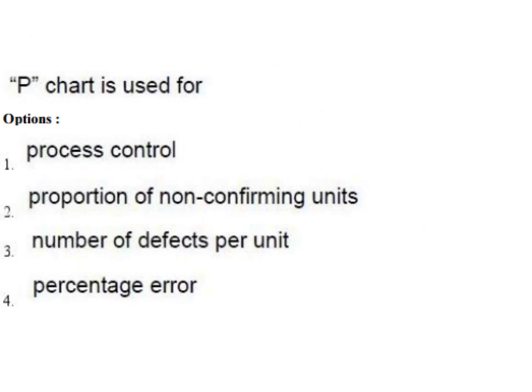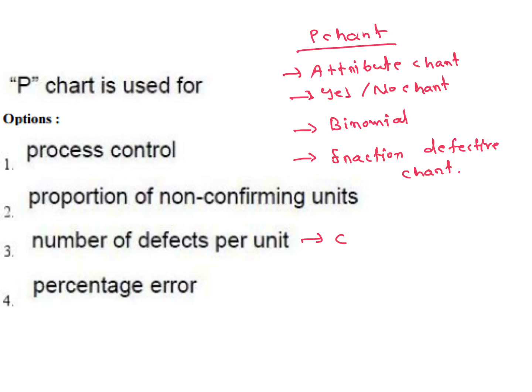P chart is used for process control of the proportion of non-conforming units. Number of defects per unit is for the C chart. P chart is an attribute control chart, a yes or no criterion. It follows the binomial distribution. This is also very important. In the P chart, fraction defective we calculate, and in the C chart, number of defects per unit we calculate.